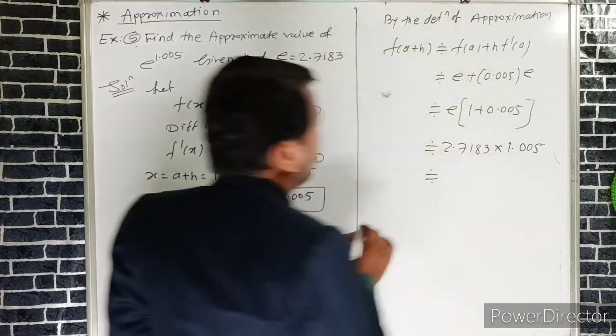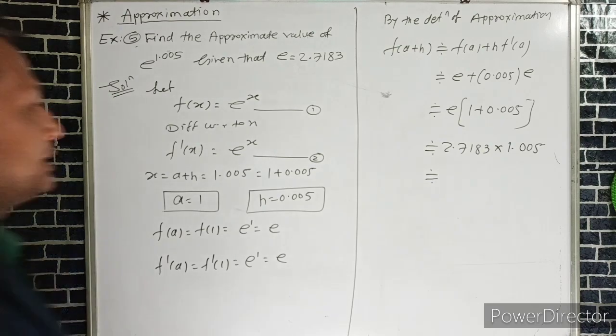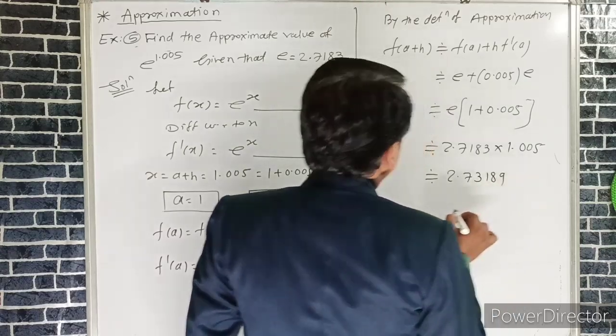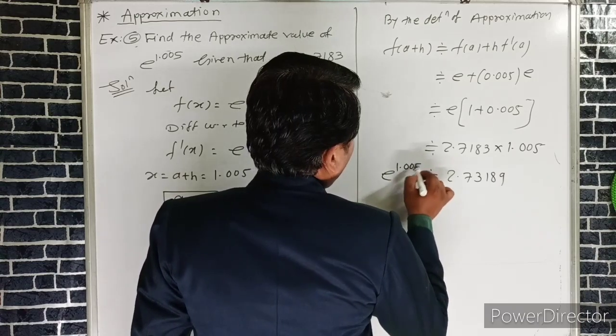The product of both terms, 2.7183 into 1.005, is 2.73189, which is the approximate value of e raised to the power 1.005.